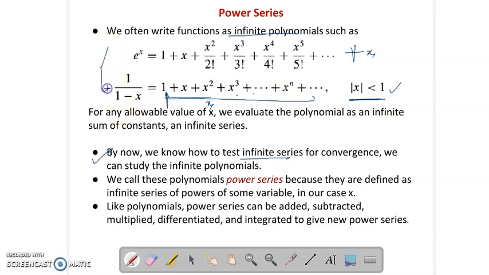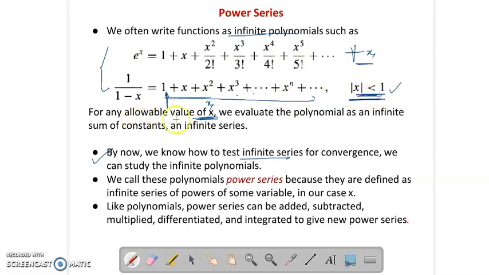So we have often written, or we will write, functions in terms of infinite polynomials. For any allowable value of x, we are not saying that every polynomial is approximating this function for all values of x. There could be some infinite polynomials which hold for some specified values of x, right?